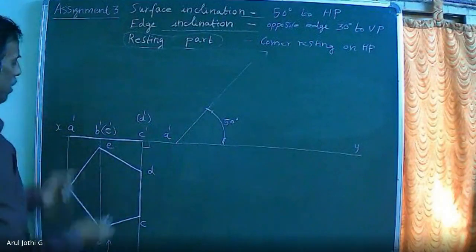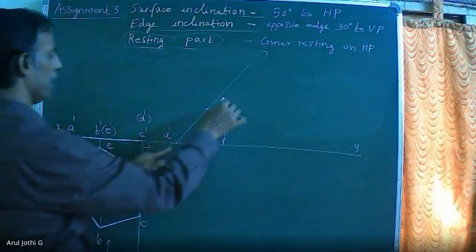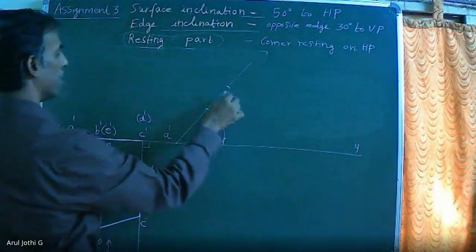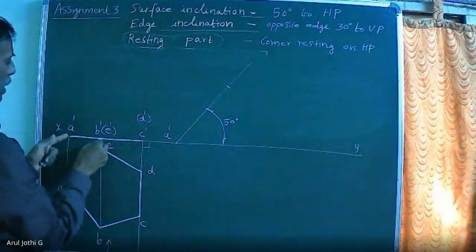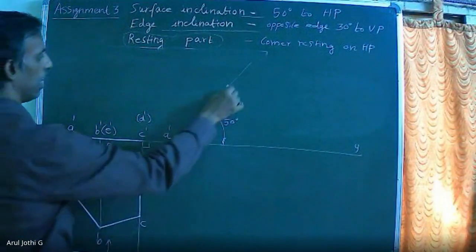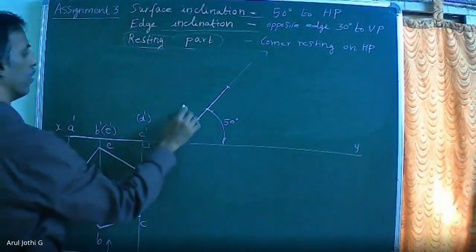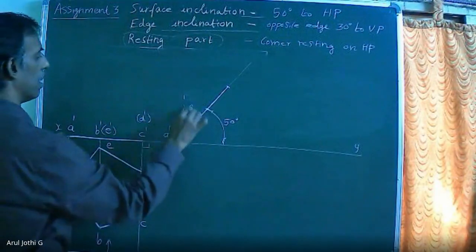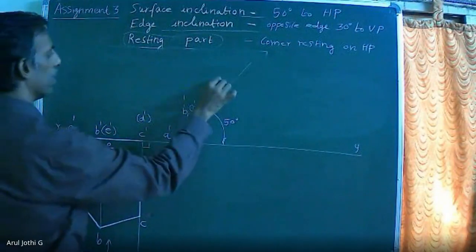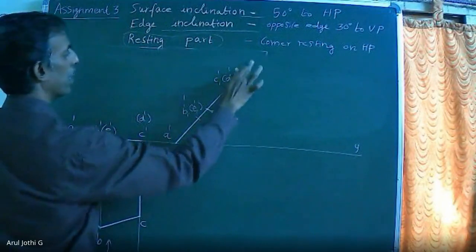Now measure A to C. This front view only I am going to rotate. Measure A to C and transfer here. Similarly, measure A to B and transfer in the diagram. So this will be B1 dash and E1 dash. This will be C1 dash and D1 dash.